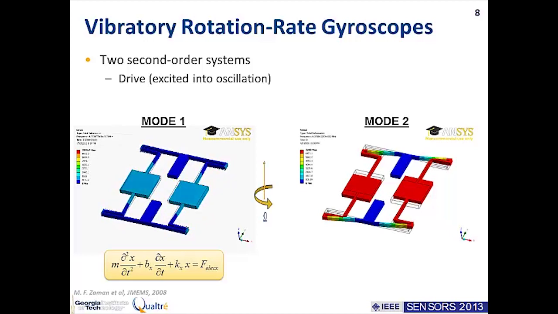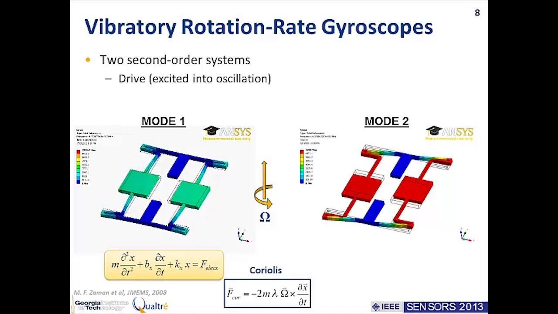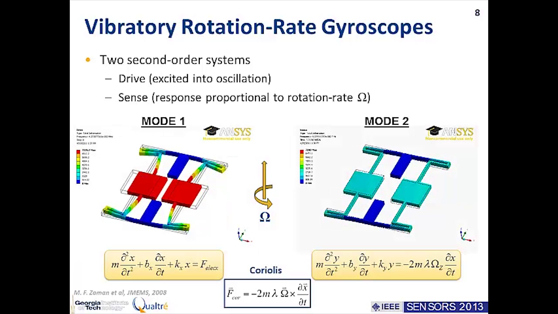And then when we apply angular rate, we have the Coriolis effect that is going to generate a Coriolis force, that is basically the Coriolis acceleration times the mass of the system. If our vibration is, for example, about the x-axis, like in this particular case, and our rotation is about the z-axis, then since this force is the cross product of that rotation rate and the direction of that velocity, that force has to be along the y direction, and that basically excites our second mode of vibration.